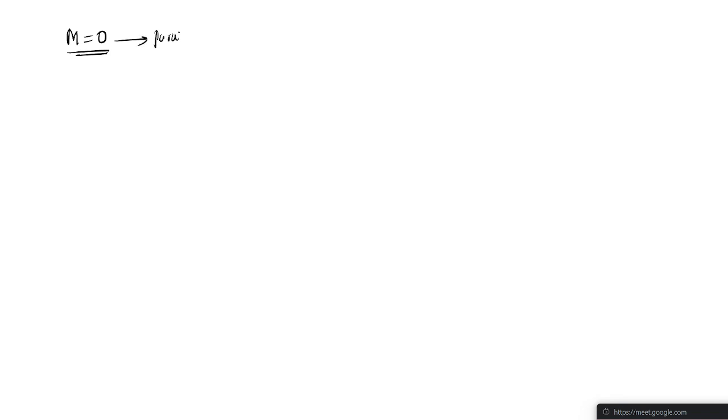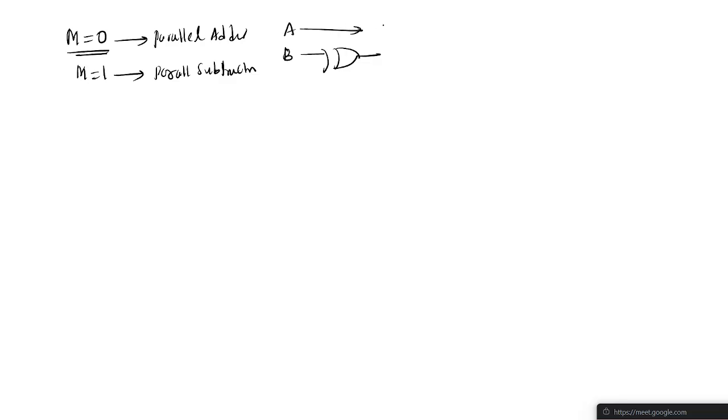Parallel adder. And when M equal to 1, this is acting as what? Parallel subtractor. That means A you are directly giving to the full adder, but B you are giving through this M pin, through the XOR gate.